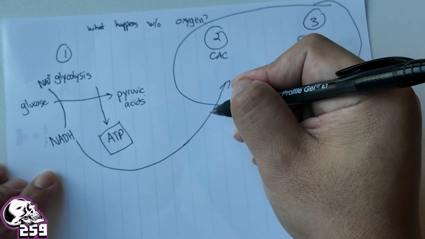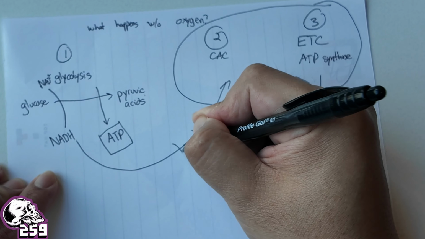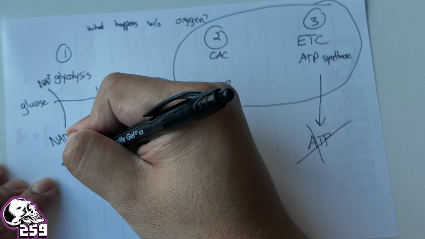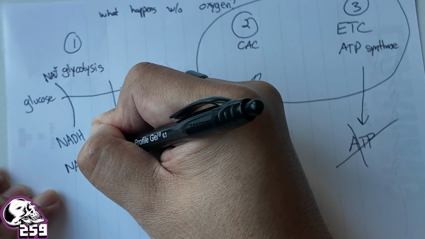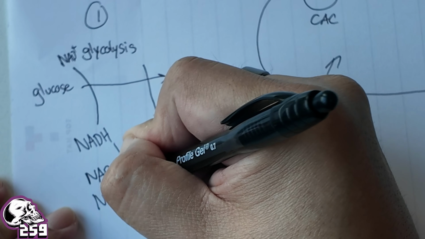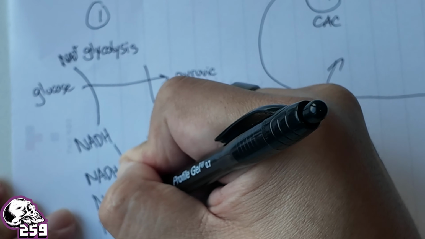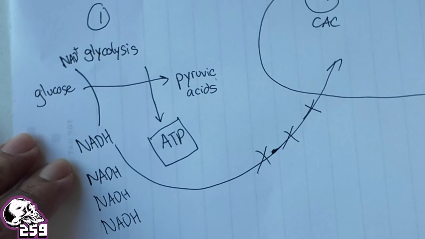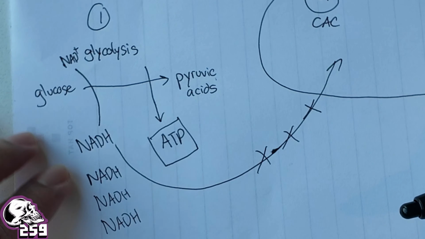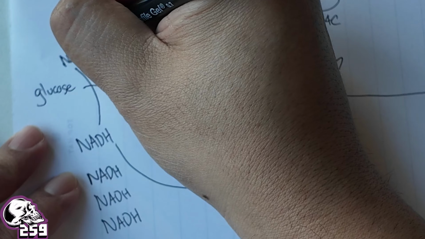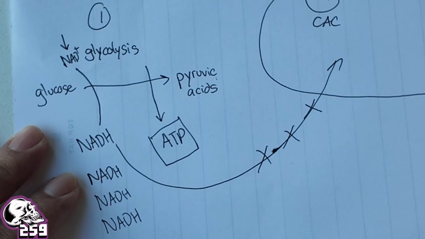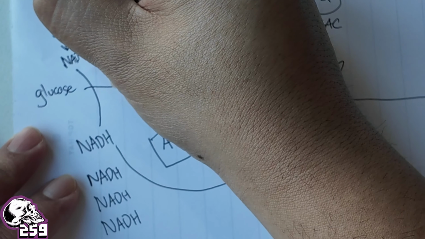But if this shuts down, we can't do this, right? If this shuts down, we actually make a whole bunch of NADH that essentially is useless, right? These are just like full Amazon trucks that have nowhere to go. And when this happens, we run out of NAD+, right?